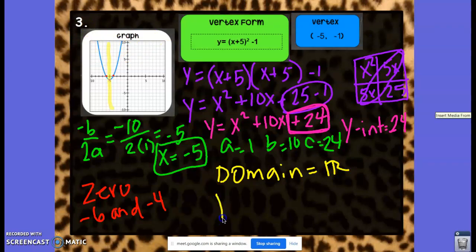And then our range is going to be, in this case, we have a minimum value because the lowest value you can have is at our vertex of -1. So it's going to be y is anything greater than or equal to -1.